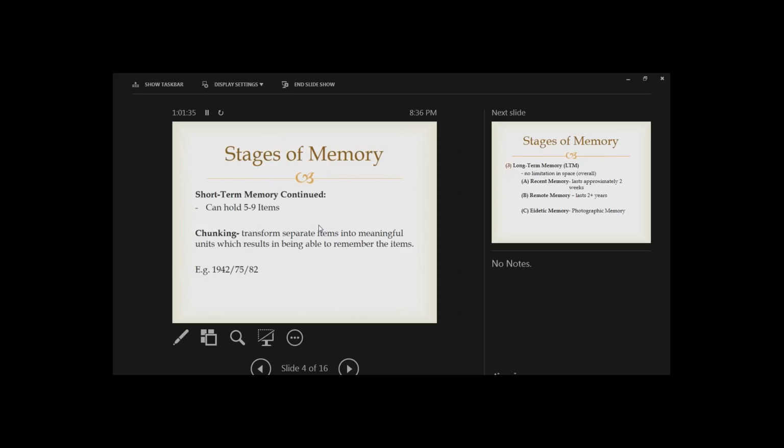Birth dates we have, that's pretty easy for people to remember. And we'll talk about how they memorize stuff, but short-term memory in general can hold 5 to 9 items. Any more than that, it's going to be difficult. So again, social security numbers were developed on this, phone numbers, like there's a lot of systematic stuff that was developed on this.